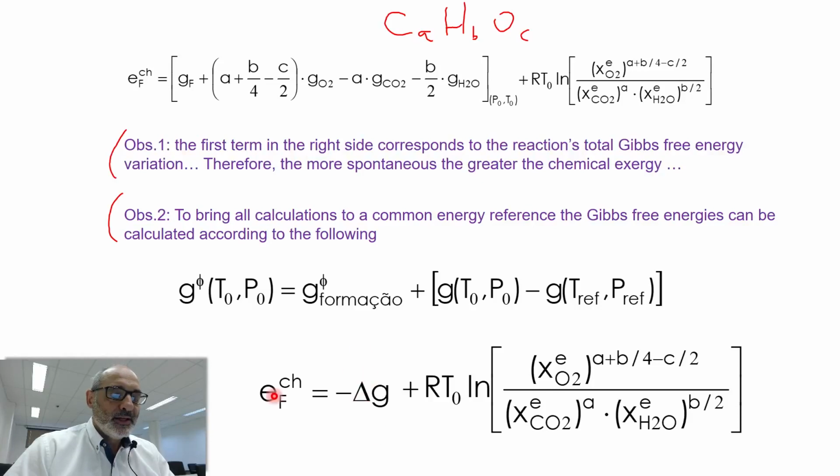So you see that the exergy content is proportional to Gibbs free energy, plus this term here that actually considers the environment: the molar composition of the formed species in the environment, and the molar concentration of the species that you need from the environment in order to react with the fuel molecule, in order to form those components, in this case CO2 and H2O.